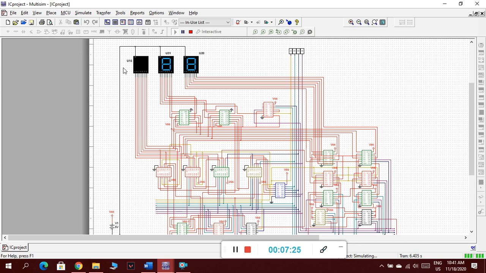So as you can see, the octal part is not having an output. 9, 10, or A, B, C, D, E, and F. So that would be all for this project.